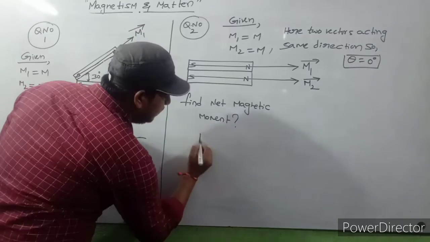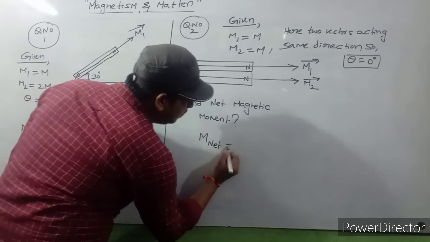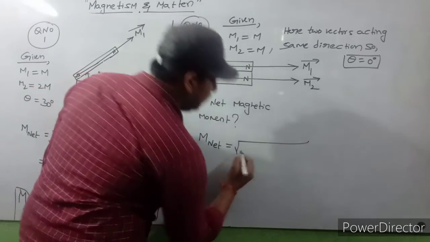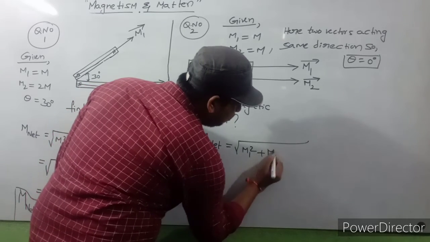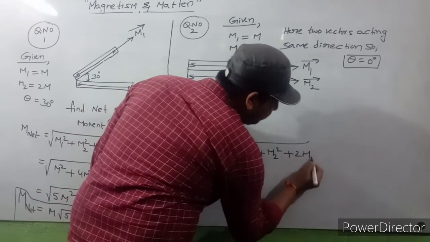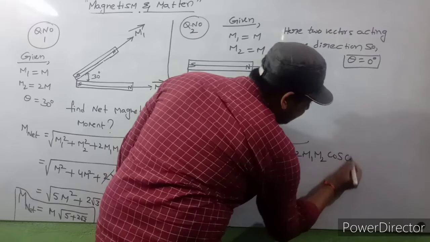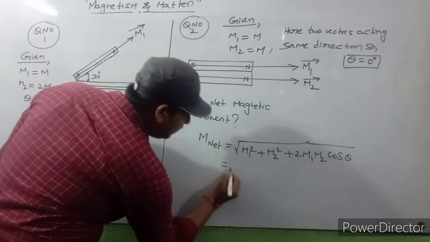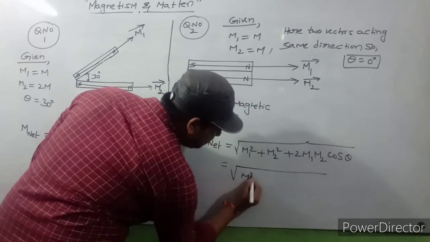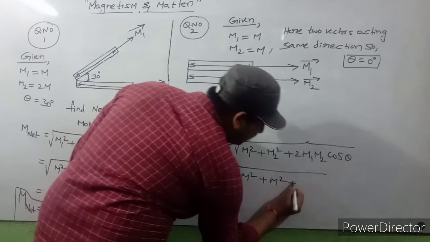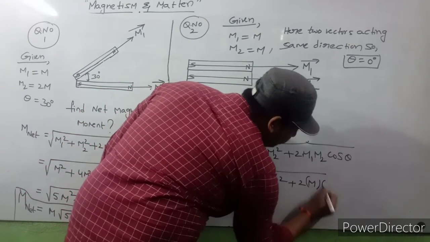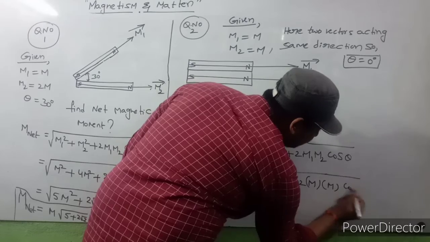Substitute that. M net is equal to square root of m1 square plus m2 square plus 2m1 m2 cos theta. This is the formula. So m1 square means m square, m2 square means m square, 2 into m into m cos 0 degrees.